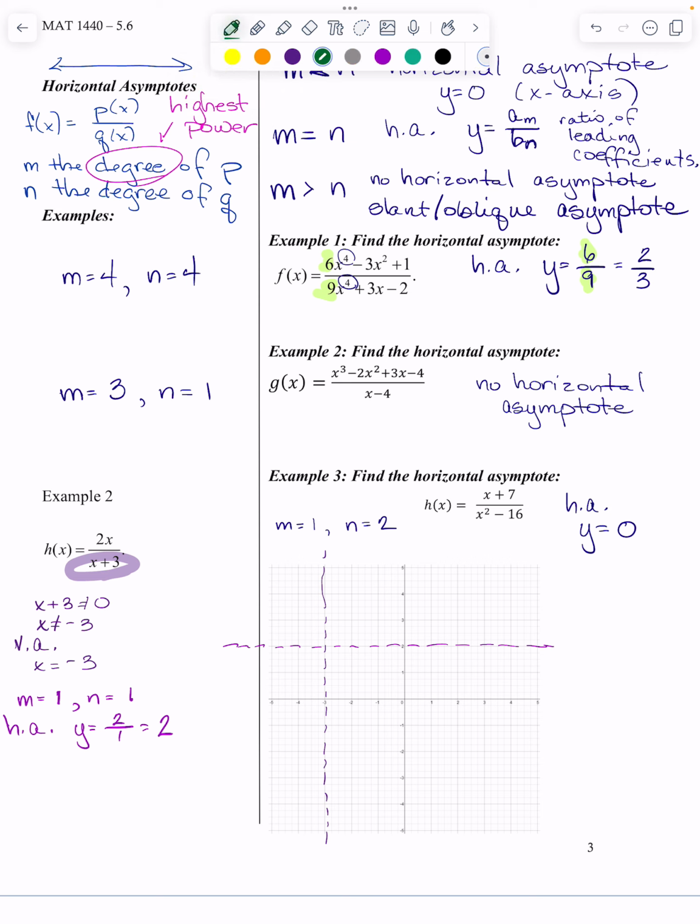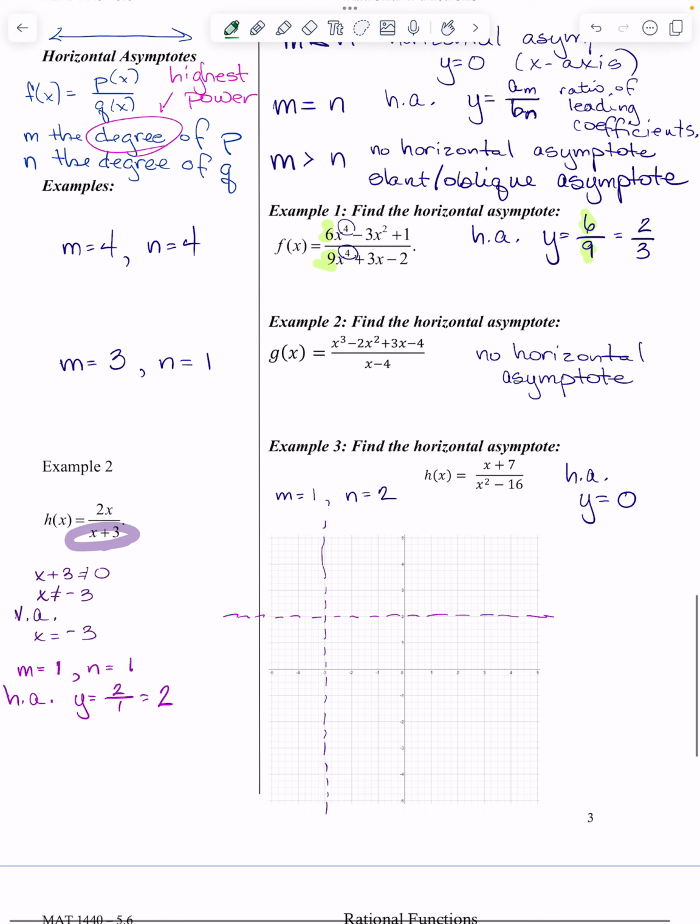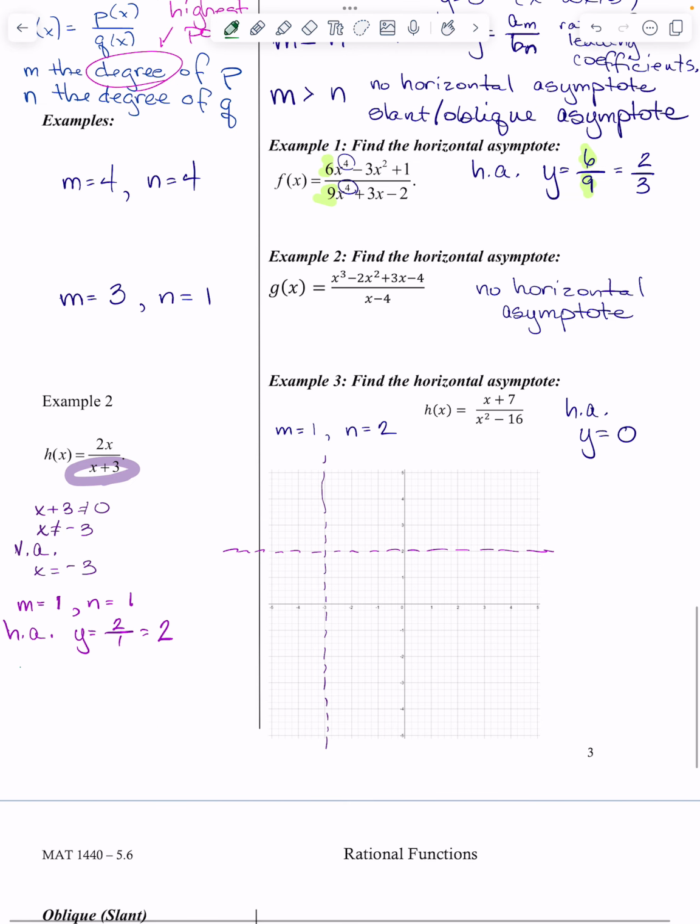I also know that my zeros or x-intercept is going to be what makes the numerator 0.